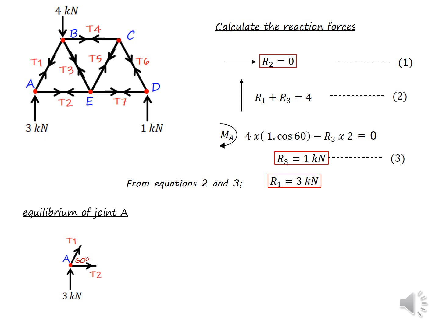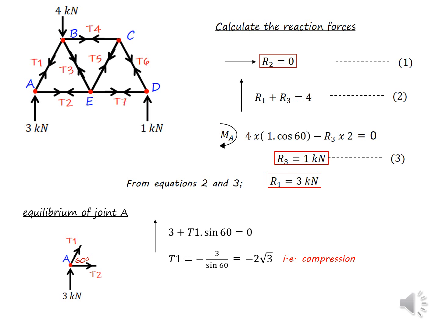You can see the angle between members AB and AE is 60 degrees. Then we can apply the vertical equilibrium equation. If I consider the forces acting in the vertical direction, 3 upwards positive, T1 sine 60, again upwards, that's positive, that's why 3 plus T1 sine 60 equals 0.